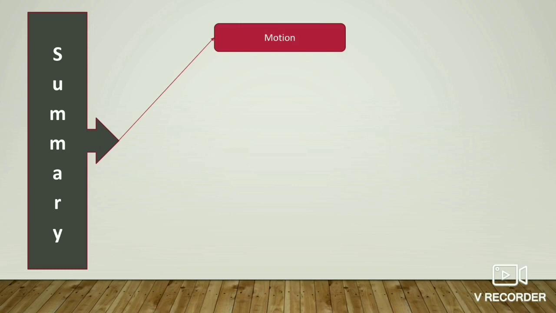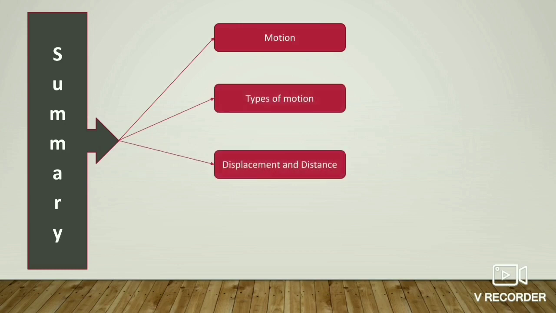The movement of a snake on the ground, a butterfly flitting from flower to flower, a river flowing, an aeroplane flying, the moon going around the earth, and blood flowing inside our body shows that there is motion everywhere around us. Then we saw types of motion. Next, displacement and distance and the difference between distance and displacement. Then finally, we saw problems.